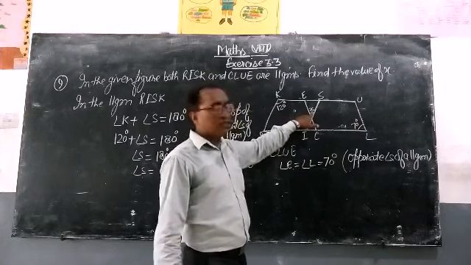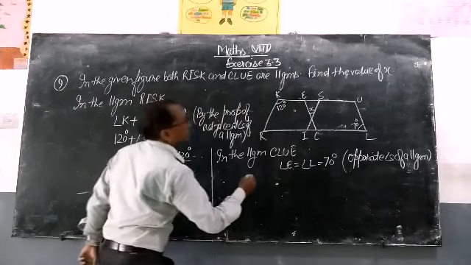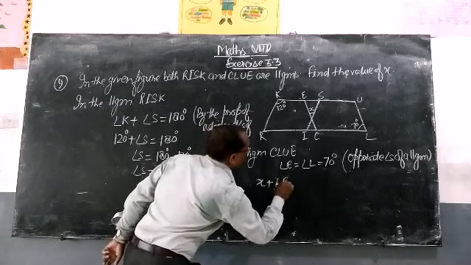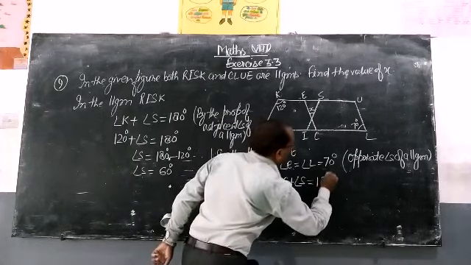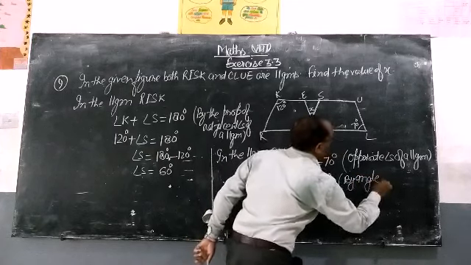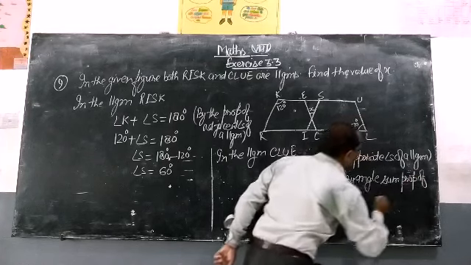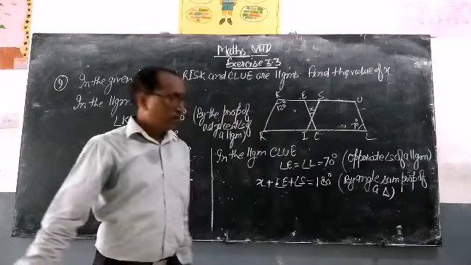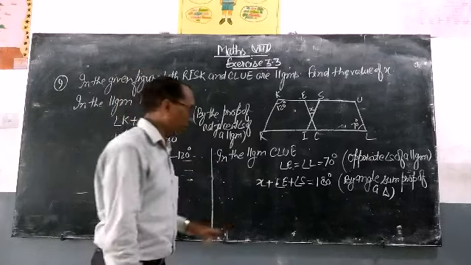Then I want to find the value of x. Then in this triangle you write x plus angle E plus angle S is equal to 180 degrees, by angle sum property of a triangle. We know that the sum of the angles of a triangle is 180 degrees.